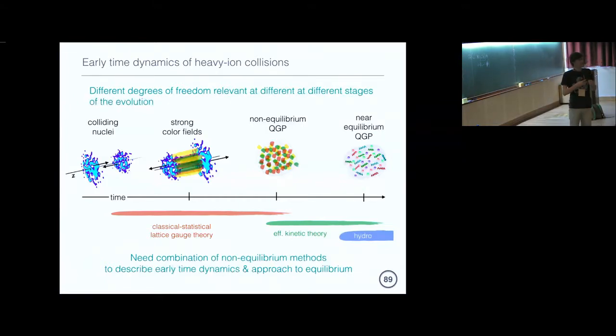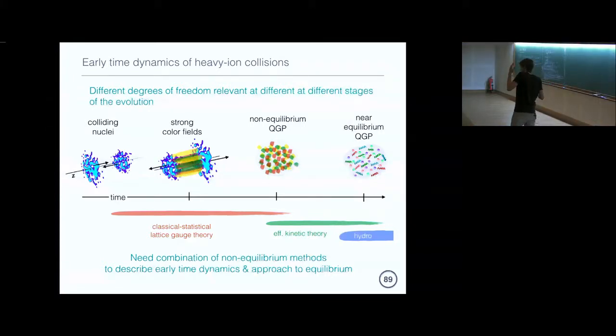That's when we pass it to a kinetic description. It turns out that the kinetic description is eventually able to describe thermalization of the system, or approach to hydrodynamics, maybe I should say hydrodynamization, and then we pass it to a hydrodynamic description.